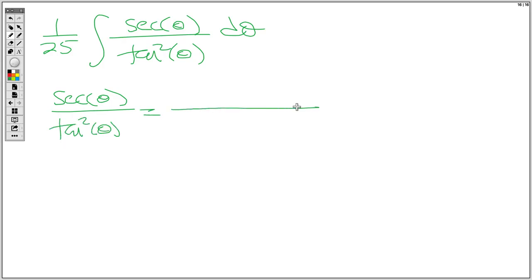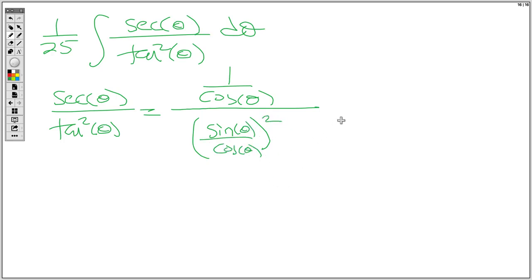So let's start in the numerator. Secant is what in terms of sine and cosine? It's 1 over cosine. Good. So 1 over cosine theta. And tangent is what over what in terms of sine and cosine? Sine over cosine. Good. And that's being squared. So I would have 1 over cosine times the reciprocal of this.